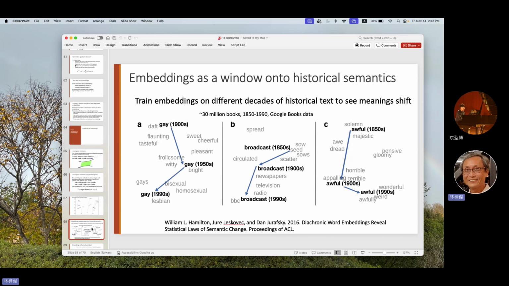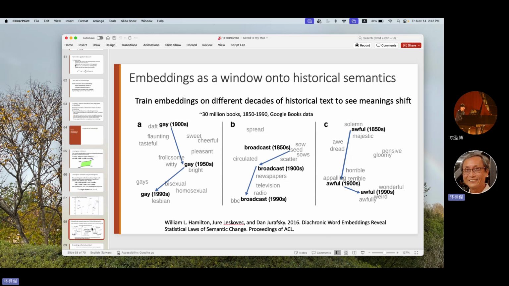The same thing with broadcast, the same word, used from 1850 to 1900 to 1990. In the old days, broadcast means that you are trying to seed and sow, which is physical things that you are spreading around. But then in the 1990s, it means newspaper and things like that.